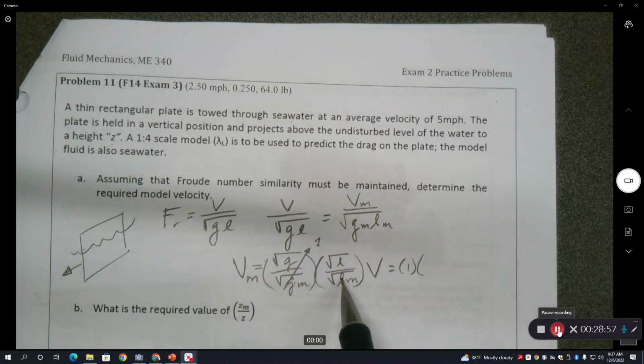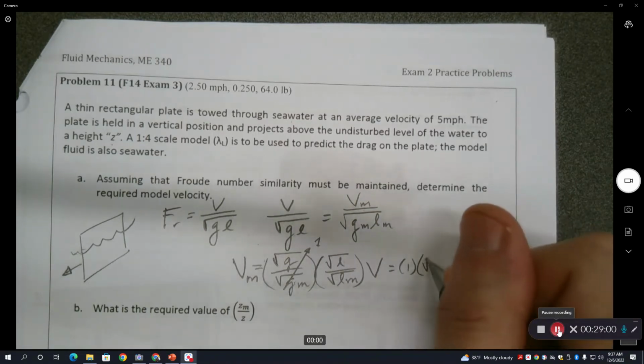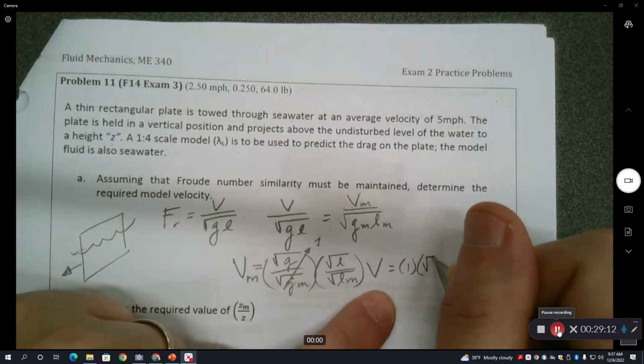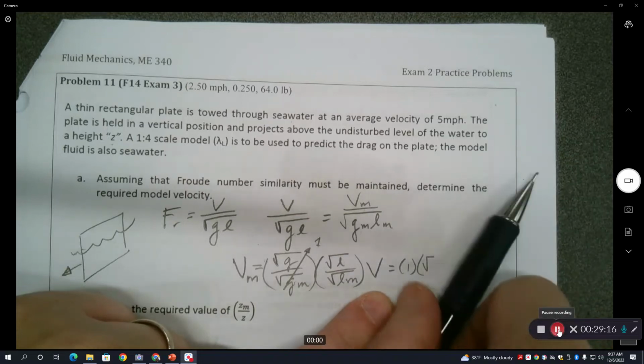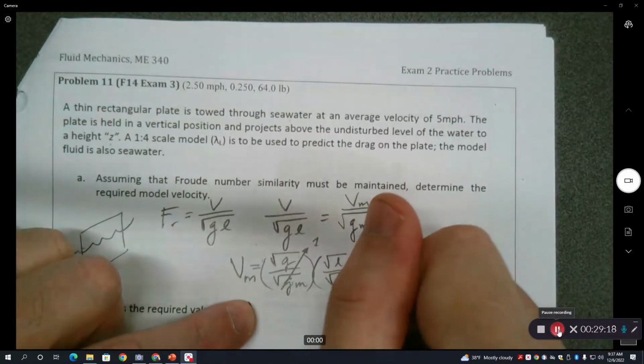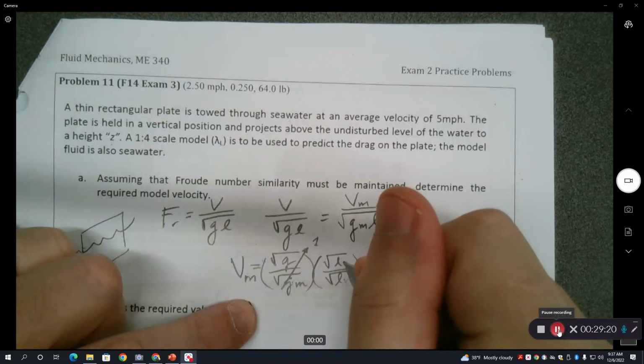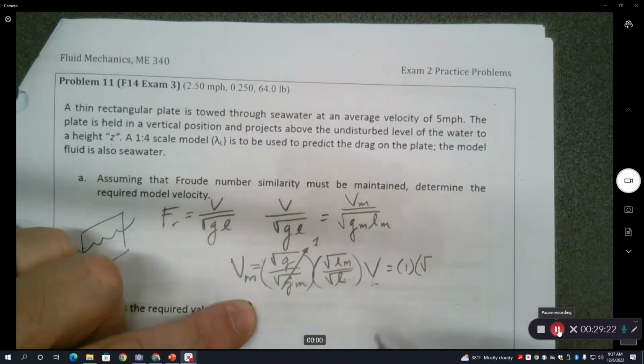So we know that that's going to be the square root, let's see, I'm going to do this wrong. I got it wrong. Vm over the square root of Gm Lm equals V over the square root of GL.